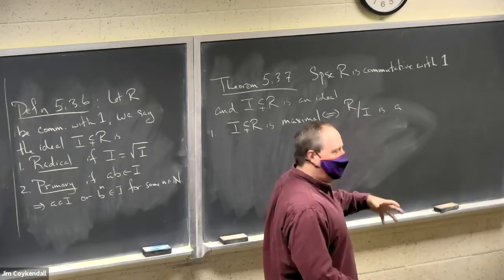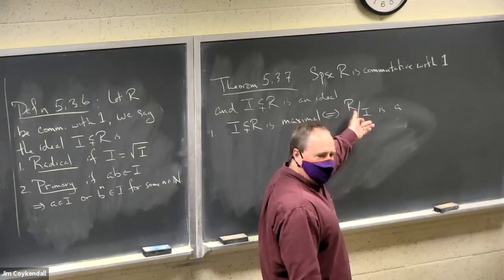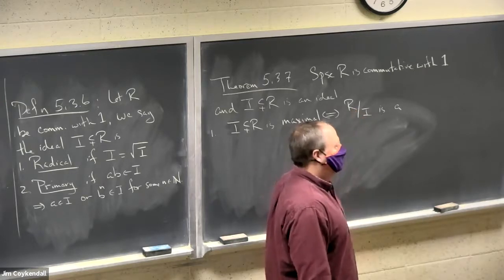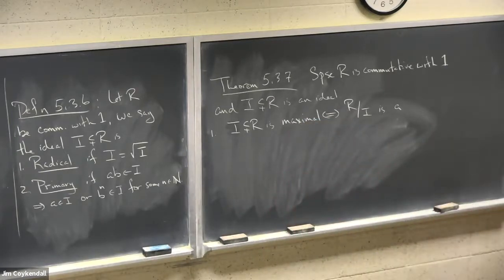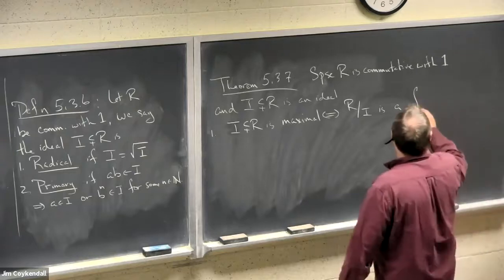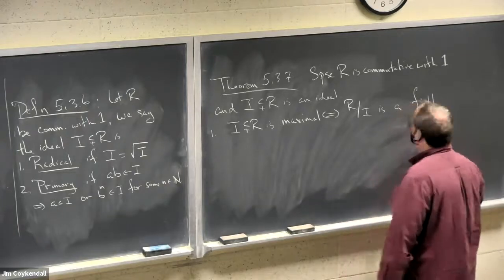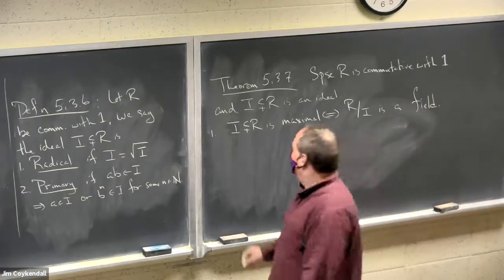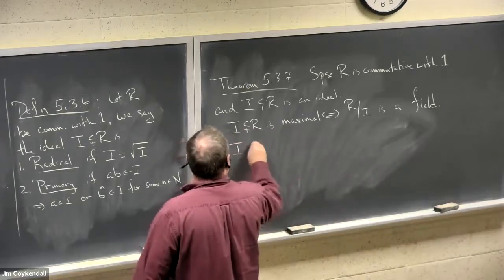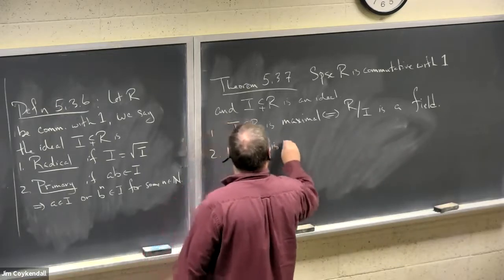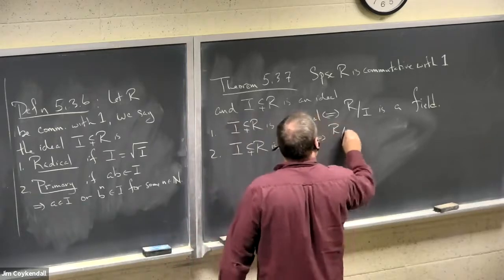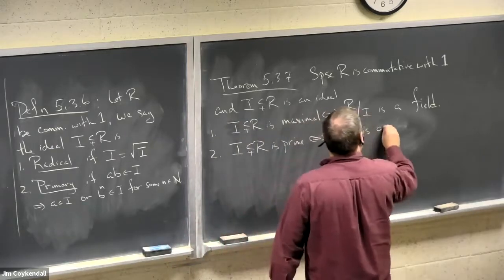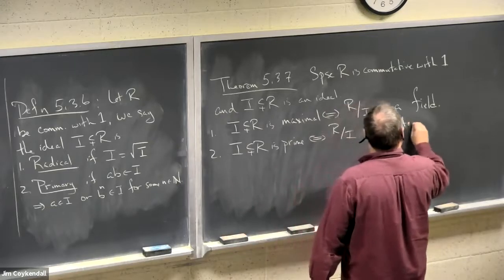Maximal ideals make this have a very nice structure. Take a guess. There you go. That's a cool result. Number 2, I in R is prime if and only if R mod I is a domain.